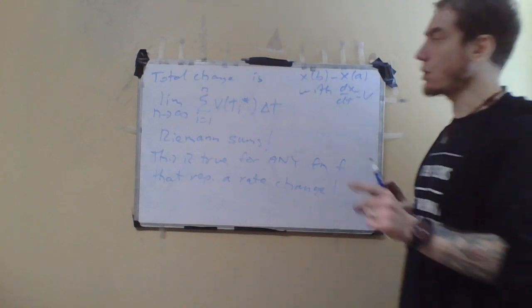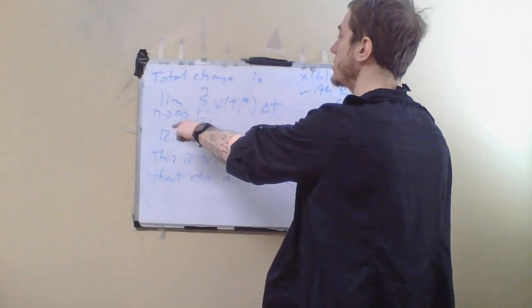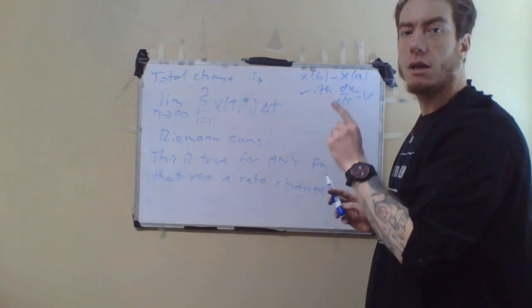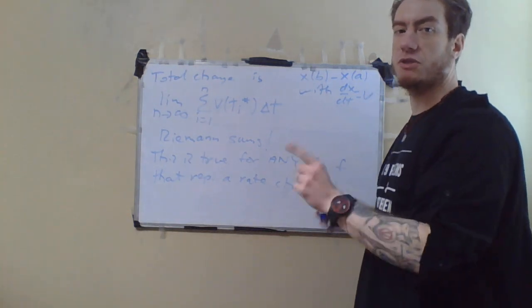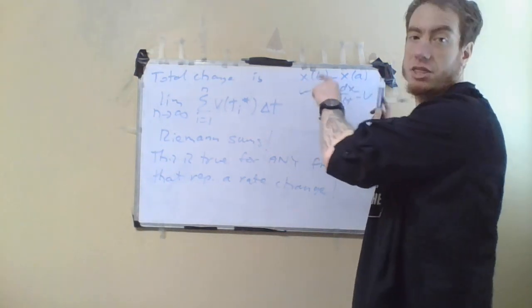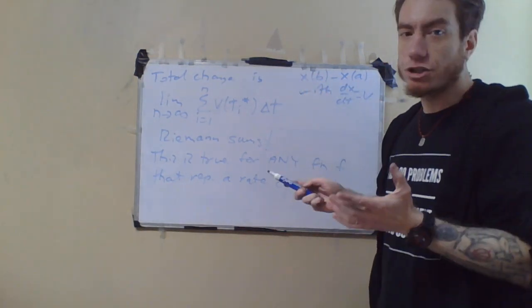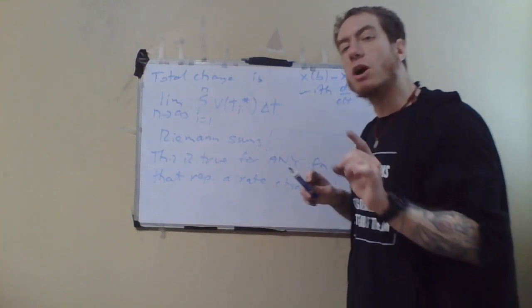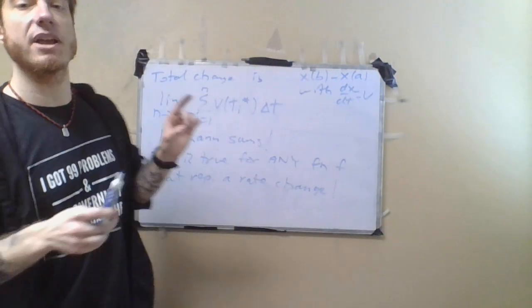But we also just argued that the total change should be the limit of these Riemann sums of velocity. So the limit of the Riemann sums for velocity ought to come out to be the difference in the positions, which is actually just the difference in antiderivatives. And this is where antiderivatives are going to play a role.